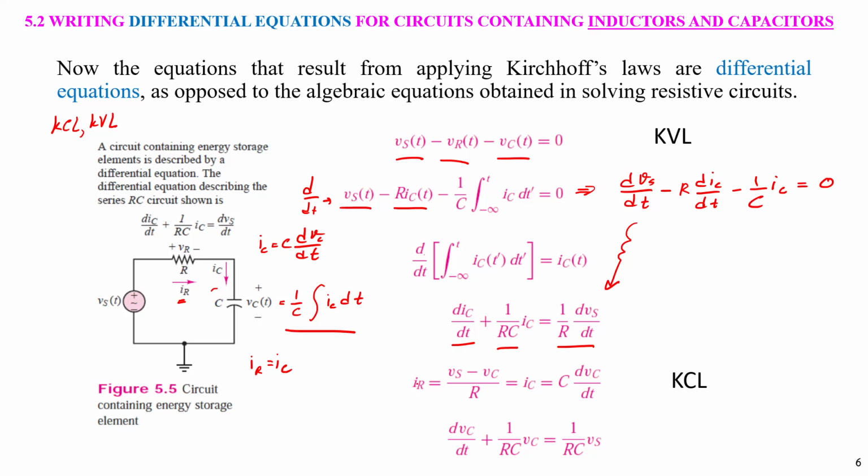And we know that IR is Vs minus Vc divided by R, which is the IC. Therefore, IC is C dV by dt. So we can substitute IC here by C dV by dt by KCL.